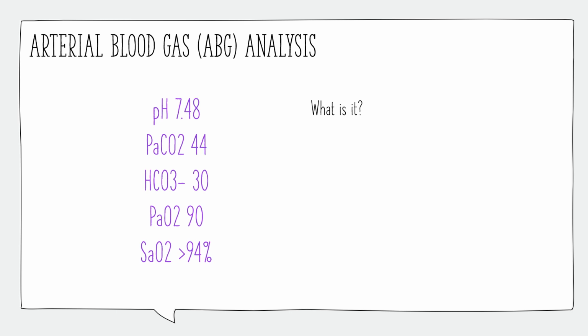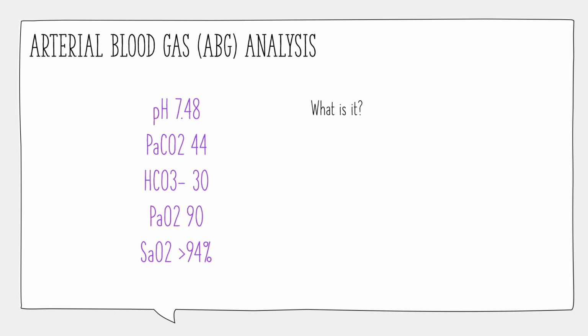All right, last one. Give it a whirl. All right, let's look at this one. So 7.48, we know that 7.35 to 7.45 is normal, so 7.48 is high, which puts them into an alkalotic state.